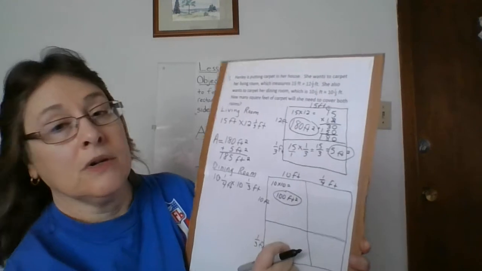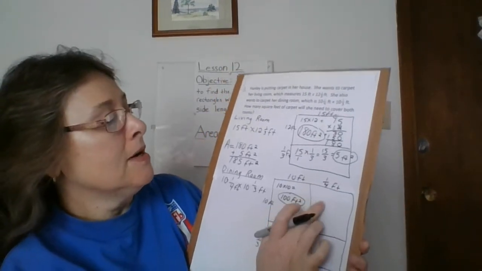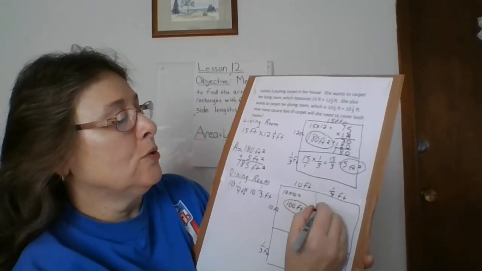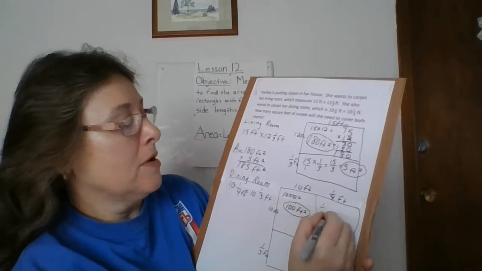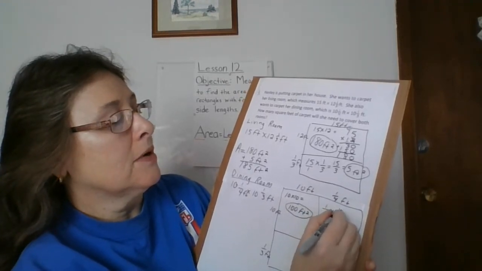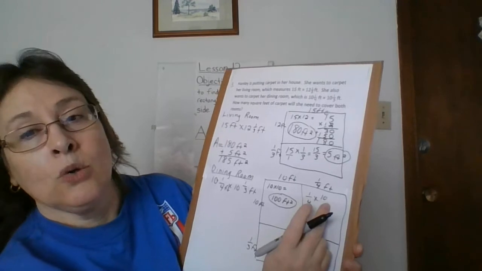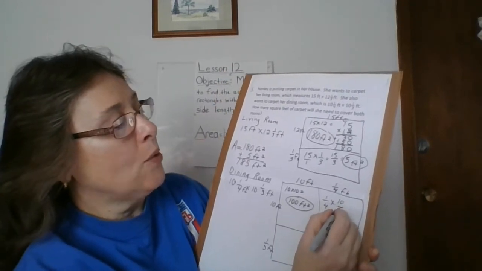There's our first area. Now we're going to move over to this, and we have to do 1/4 times 10. 10 is a whole number. I have to put it over a 1.